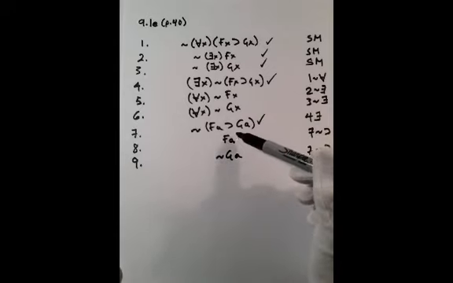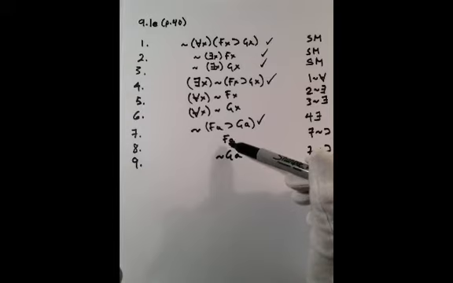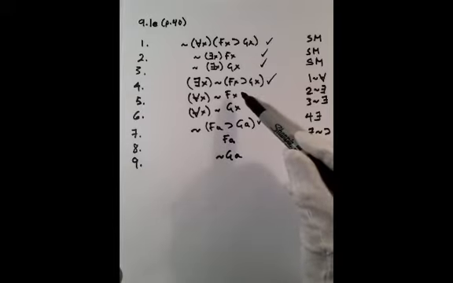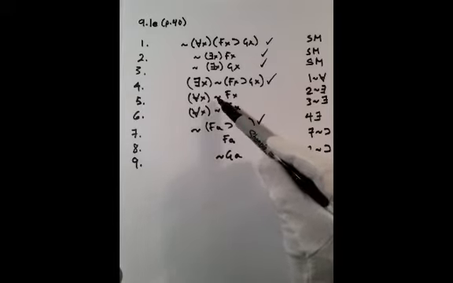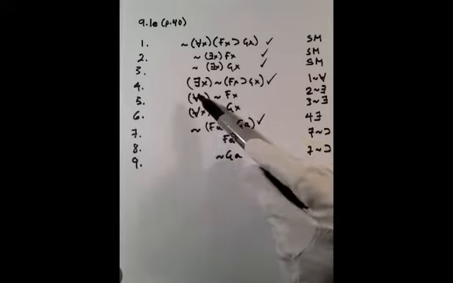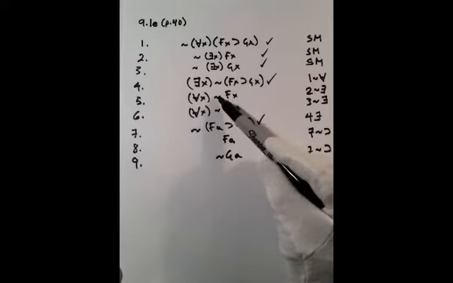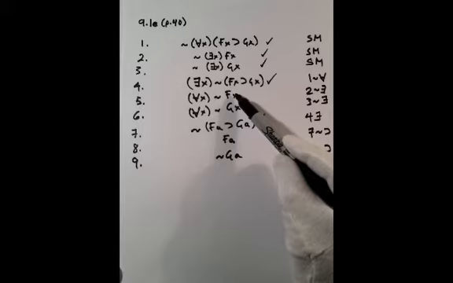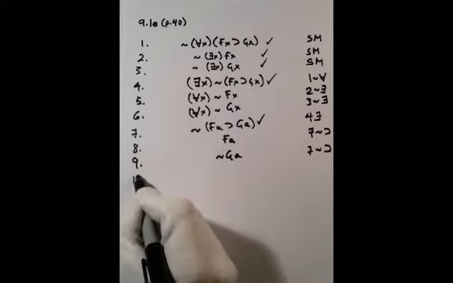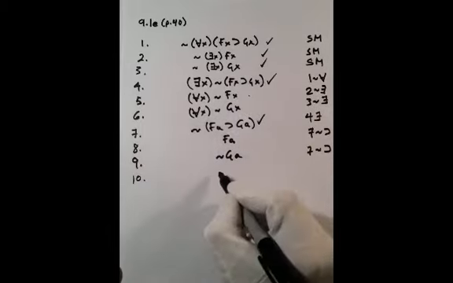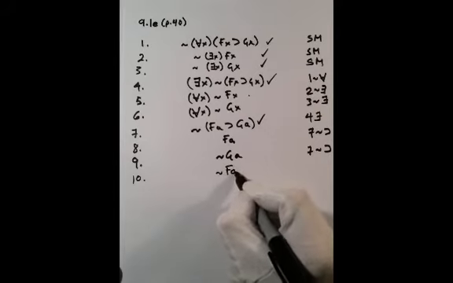But we notice something important here. We have fa on line 8, but line 5 says that for all x, it's not the case that fx. Since for any x, it's not the case that f of x, what I can write down on line 10 is it's not the case that f of a.